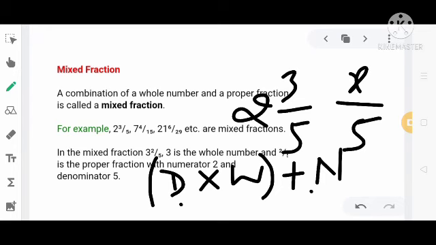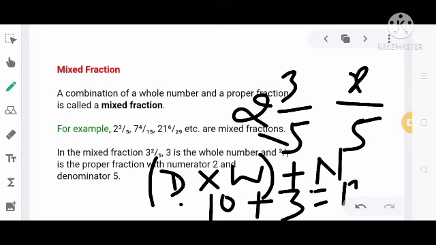First, denominator multiplied with whole number means 2 into 5, 10, and the result 10 is added with the numerator 3. Then 10 plus 3 equals 13. The whole result is 13.